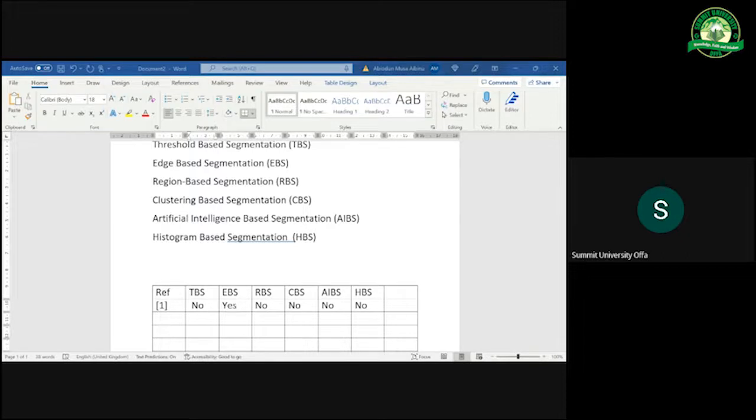If you are working on leakage prediction, your own table will be what type of prediction techniques have been used in that paper. That's what I'm expecting. And if you are not even using prediction, if yours is detection, then what you are expected to be looking at has to do with what type of detection algorithm are being used. So I've explained to Fatima, and I've also explained to Damilari, for those who are not on machine vision work.